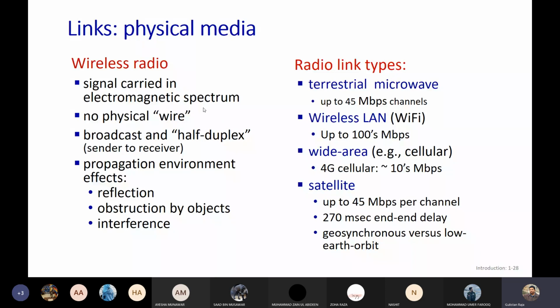So LEO will have less delay. This is a good thing, right? But the problem is that they don't move with the speed of Earth. So you need more satellites to cover a certain area. This is a downside of LEOs. So this completes the discussion on this slide.